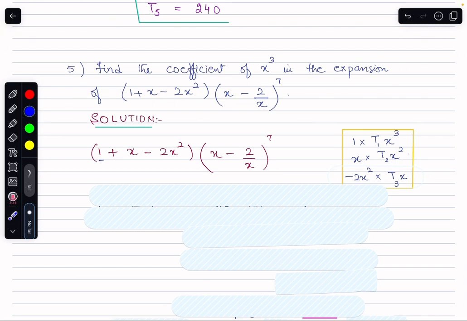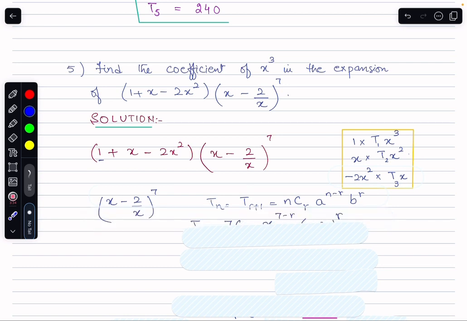So let's start working on it. So by the term formula for x minus 2 by x to the power 7, I know that the term formula says it has to be Tn, which equals Tr plus 1, that equals NCr a to the power n minus r and b to the power r. In this case, I know the value of n.